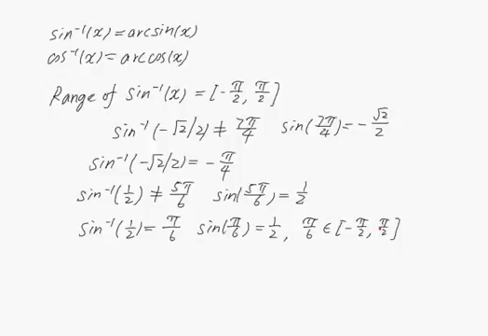By the one-to-one correspondence of this invertible function, we can only have one angle, pi over 6, for which the sine is equal to 1/2.